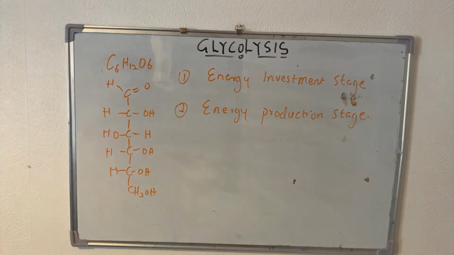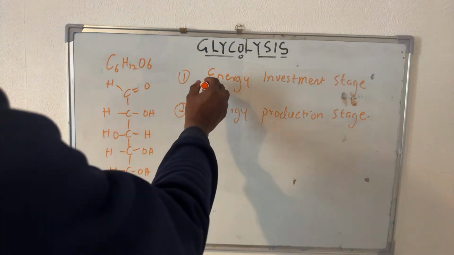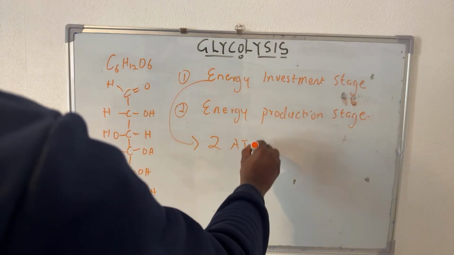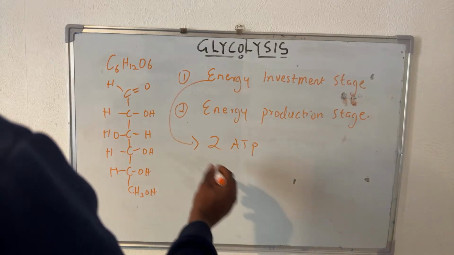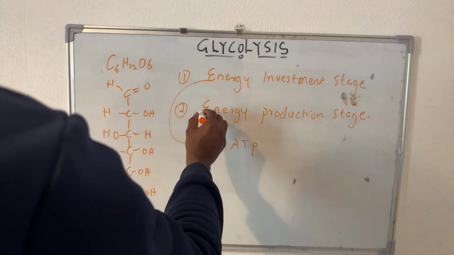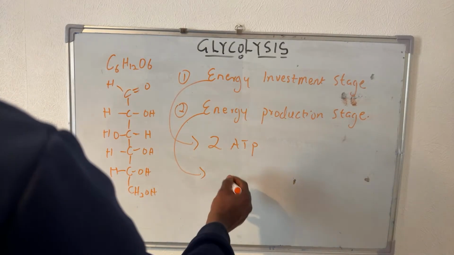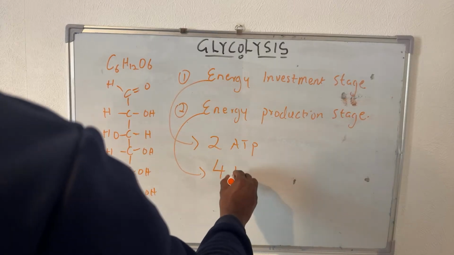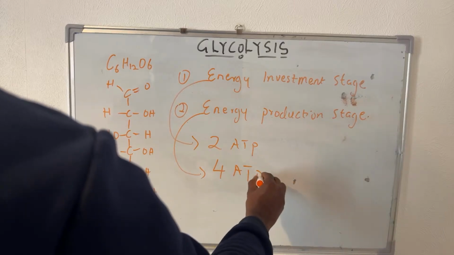So, an overview of glycolysis. There is an investment of 2 molecules of ATP, and for the energy production stage, there are 4 molecules of ATP being produced.